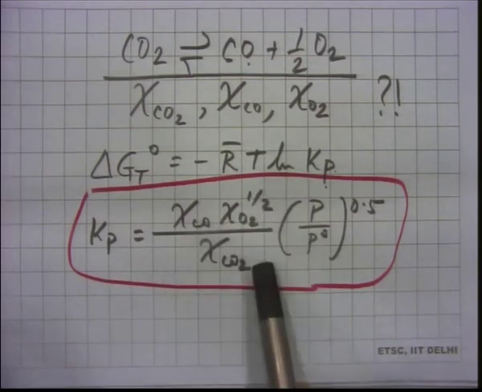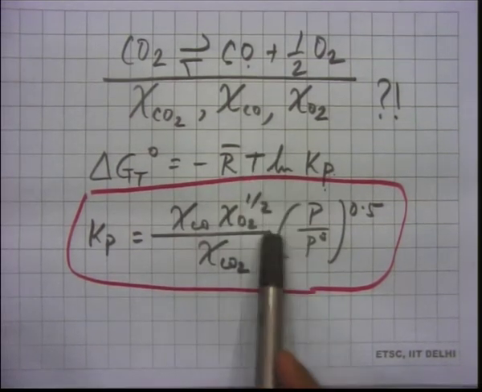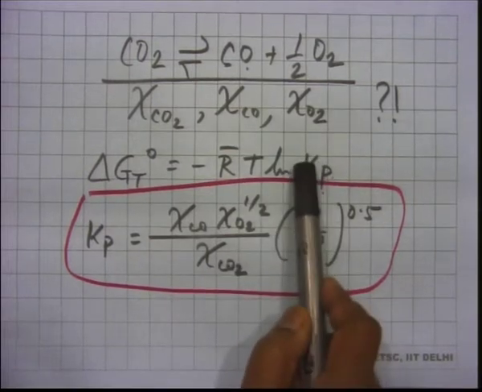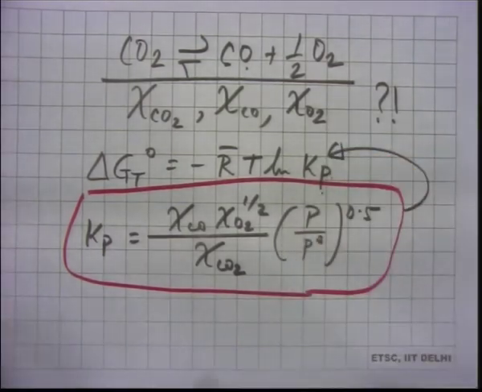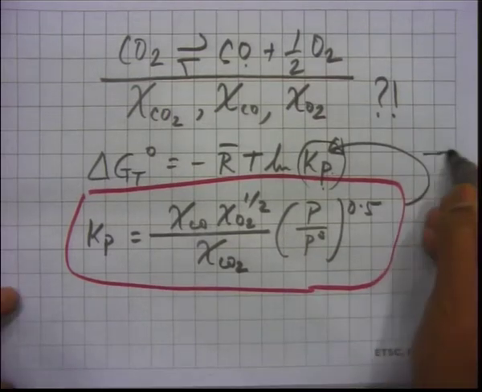The one in the red box does not come from this, correct? This comes from the basic definition of Kp. So, this Kp can be utilized here, and delta G T naught can be picked up from tables. So, we got an equation, correct? That is our first equation for the three unknowns. We need three equations, so this is our first.